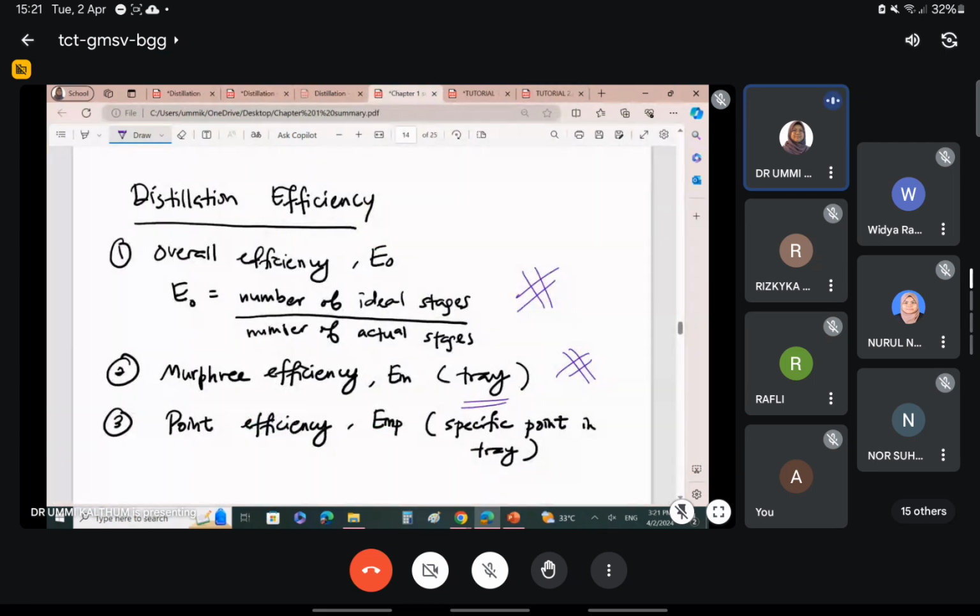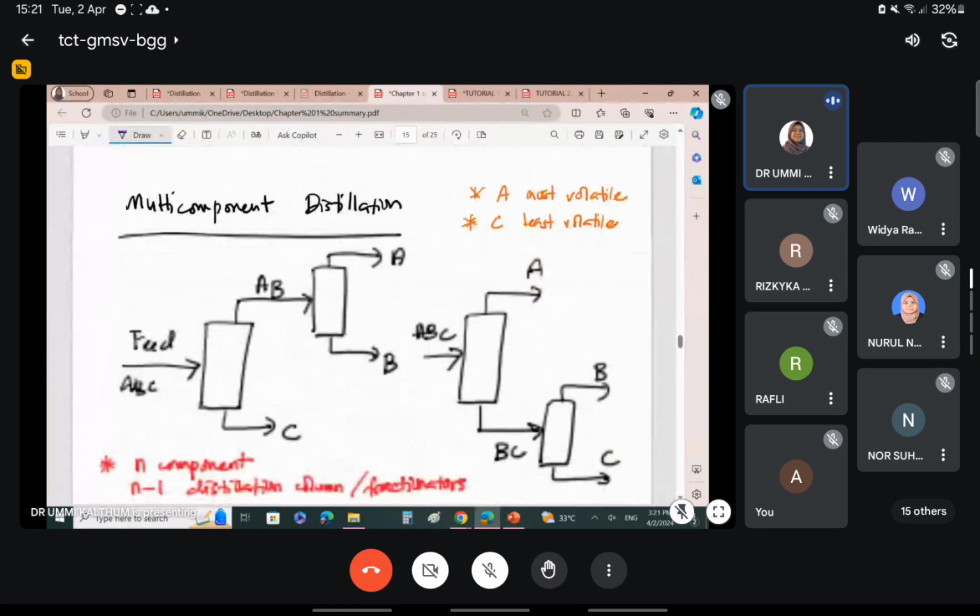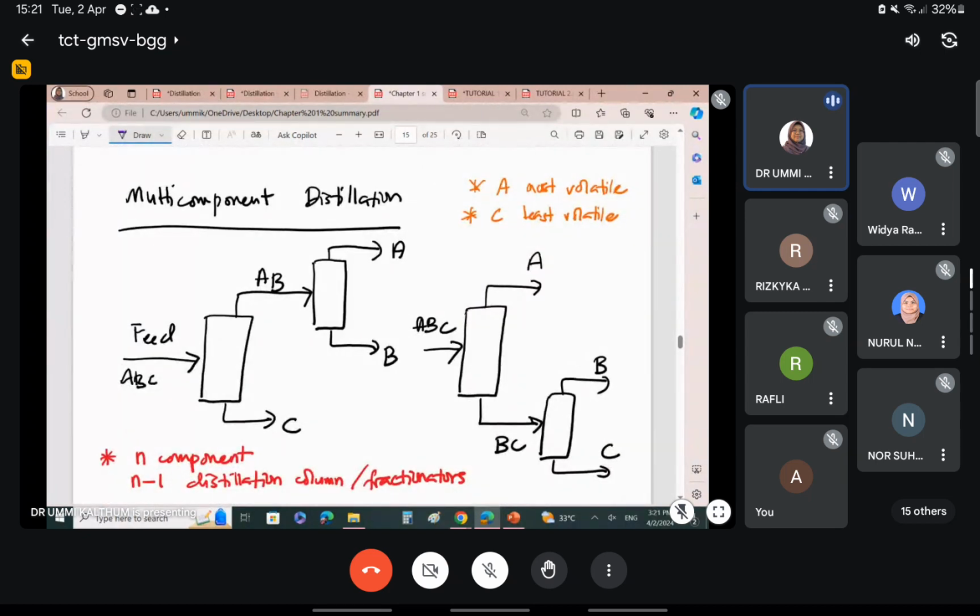Okay, the last one, the final topic that you just saw yesterday, multi-component. Before this, we only considered the binary mixture. The binary mixture is only 2 components, A and B. So this one is for multi-component distillation. Multi-component means more than 2 components.